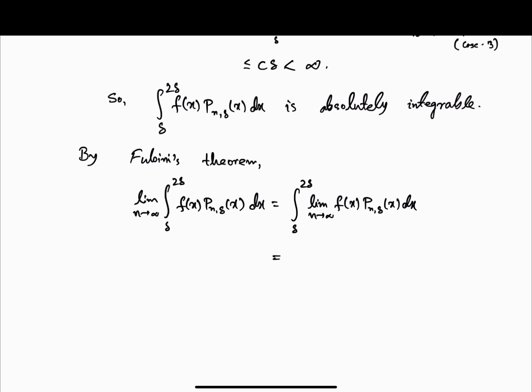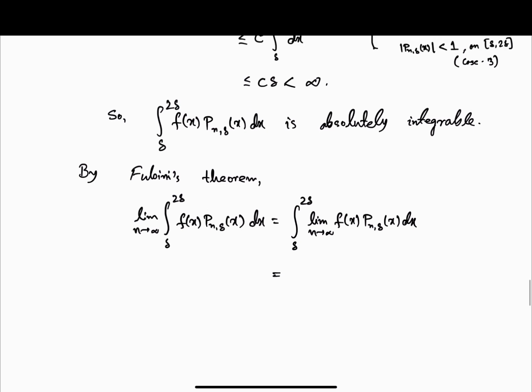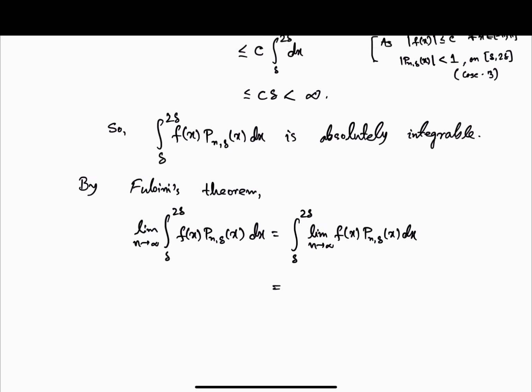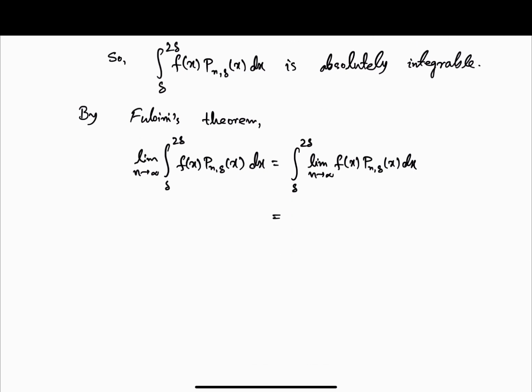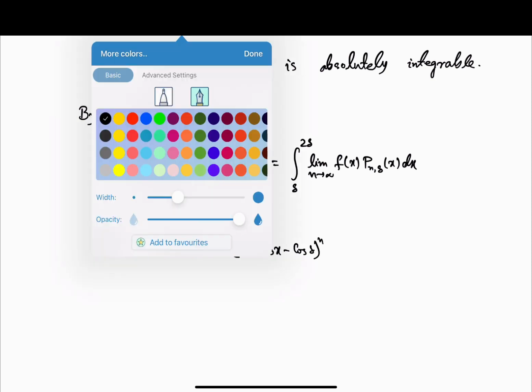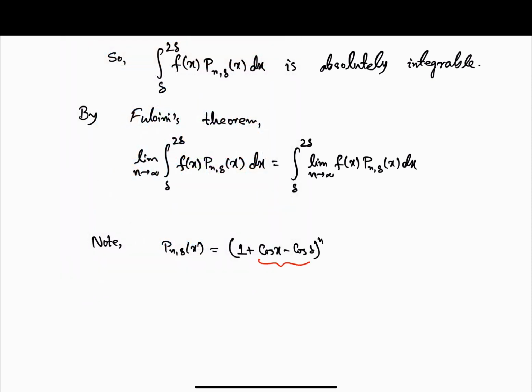As f is independent of n, what is the limit of p_n,delta in delta to 2 delta? As p_n,delta is basically 1 plus cos x minus cos delta, to the power n, and we have shown that the inner quantity is less than 1, and less than 0 in this region.